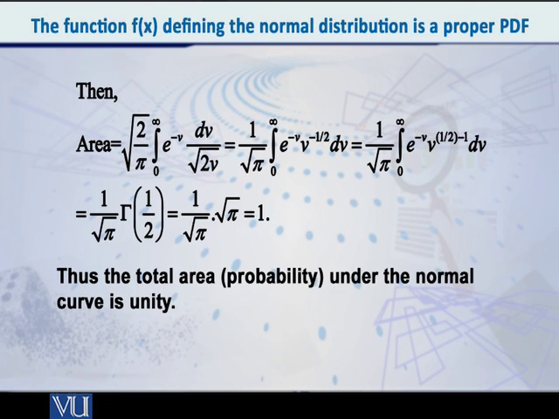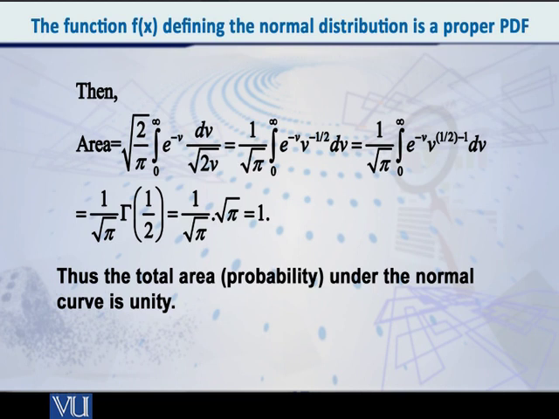So therefore, my dear students, what do we have now? Now we have area is equal to 1 over square root of pi into gamma half. But it is a well-known result that gamma half is equal to square root of pi. So what do we have now?